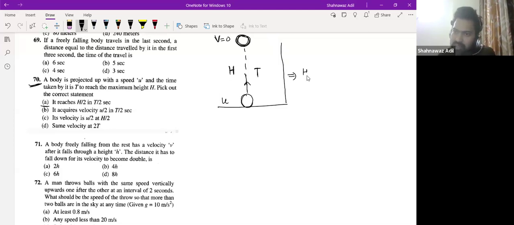So h is ut minus half gt square. This is the first relation.